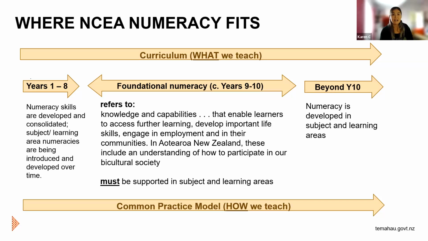NCEA numeracy is a small part of a learner's educational journey, right? Numeracy should span across an entire learner's educational journey. And the thing that gives this particular point in time that weight is because it is credentialed. In terms of teaching and learning, though, we should be doing it at all stages.